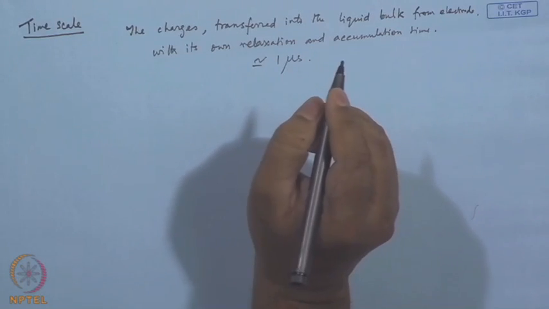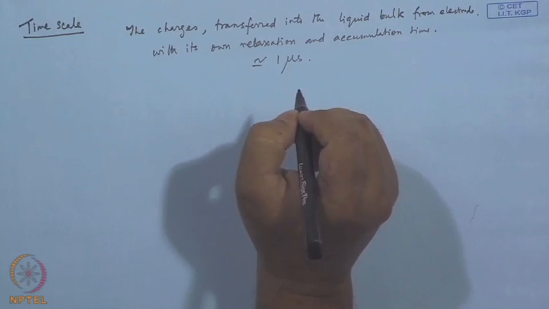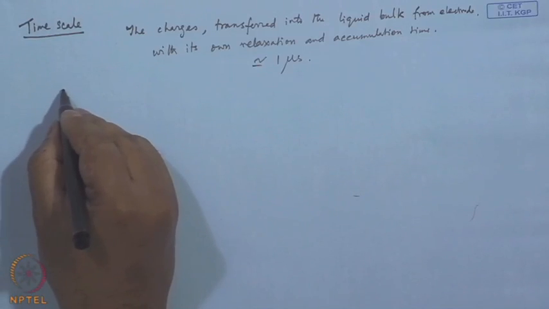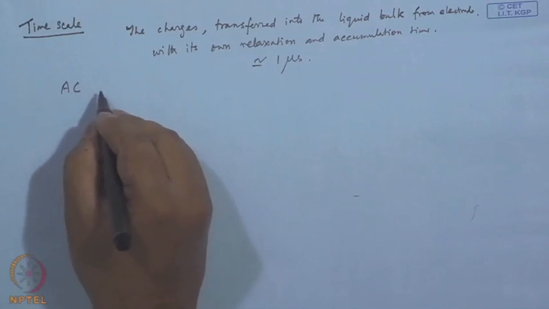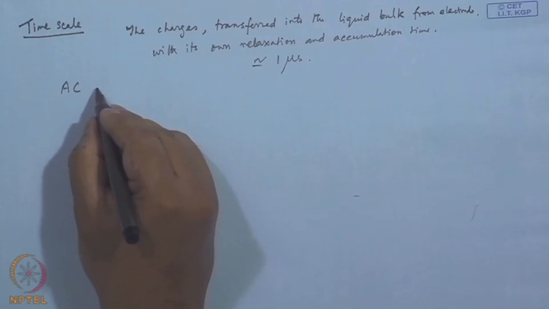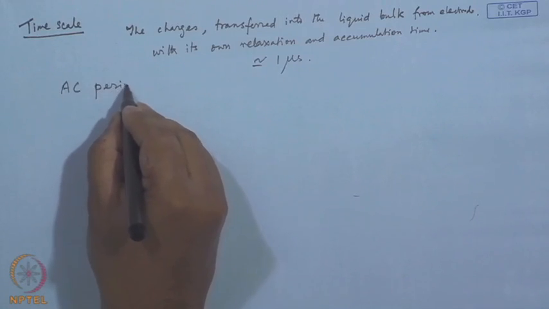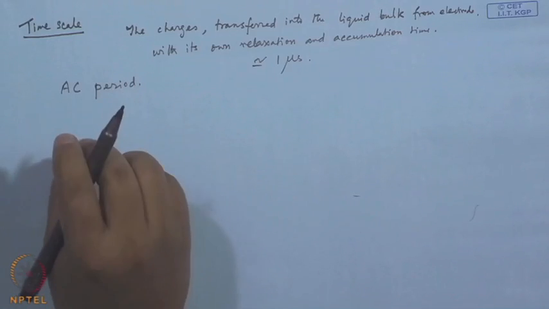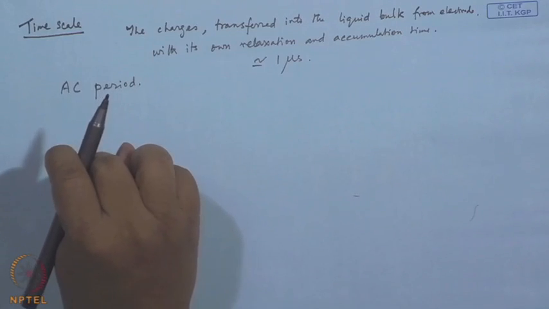Now, here you are imposing another AC period. That means you are applying the voltage for a certain time, and for other times you are not applying it, you are going the other way.